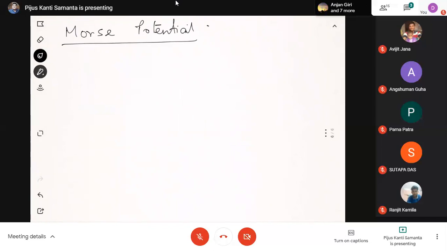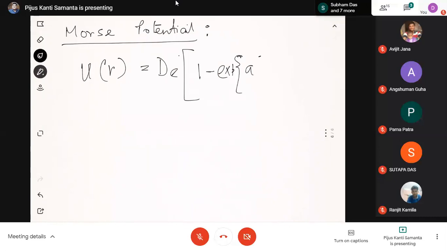The potential is actually expressed as U(r) equal to D_e into 1 minus exponential of minus a into (r minus r_e), the whole square. Okay. So this is the general potential form. So this is the general form of the Morse potential.